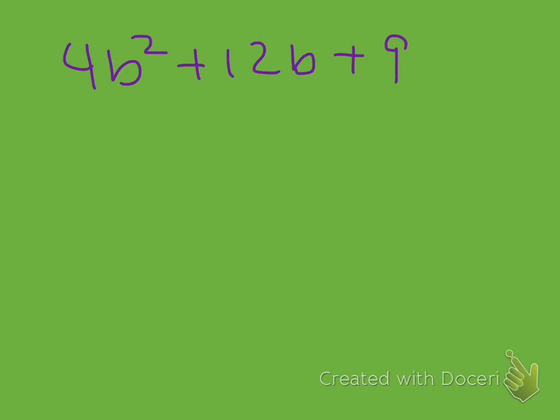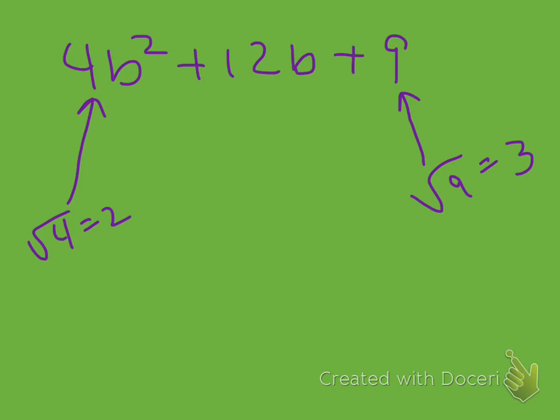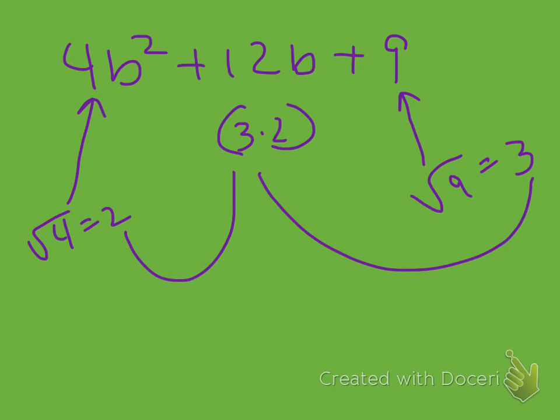Is this a perfect square trinomial? Square root of 9 is 3. Square root of 4 is 2. And then I take the 3 and the 2, multiply them together and double it. And this is 6 times 2 is 12. Yep, this is a perfect square trinomial, so now I can factor it.